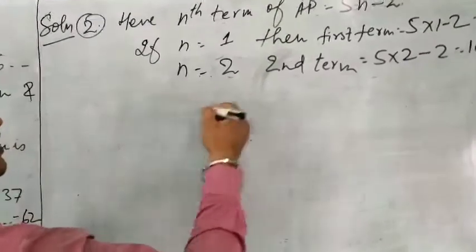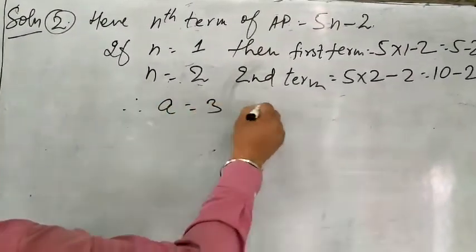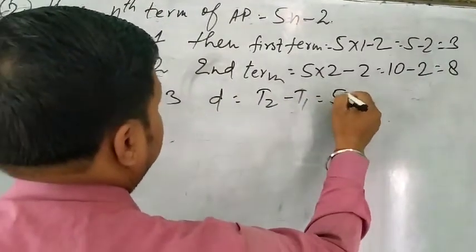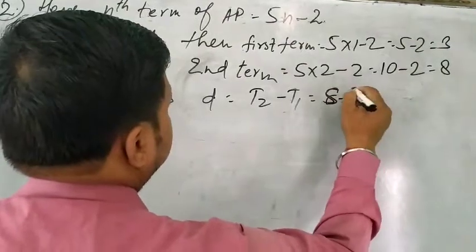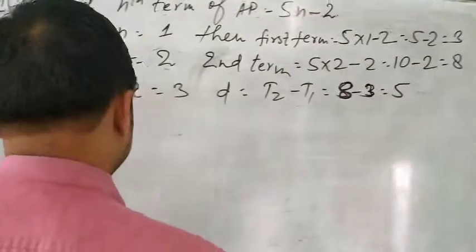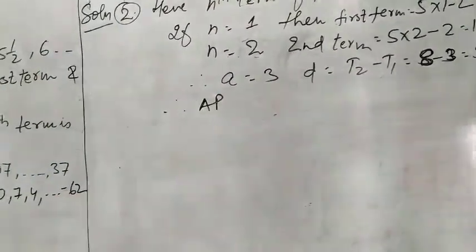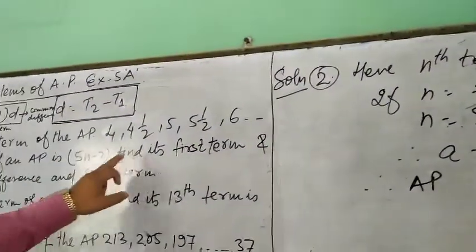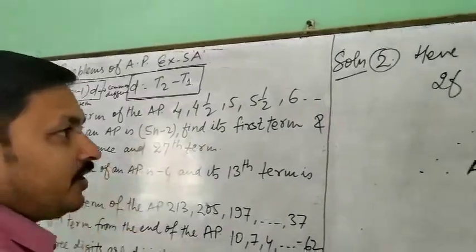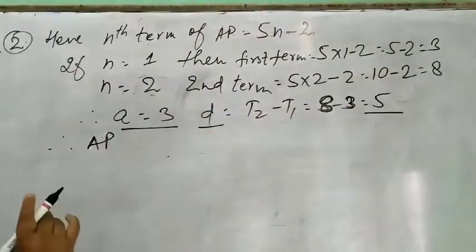So A equal to 3 and D equal to T2 minus T1, that means 8 minus 3, you got 5. So this is the first term and this is the common difference.